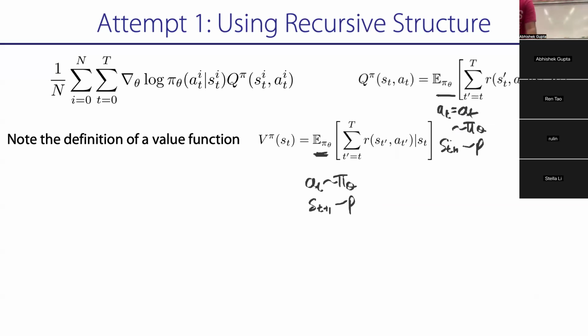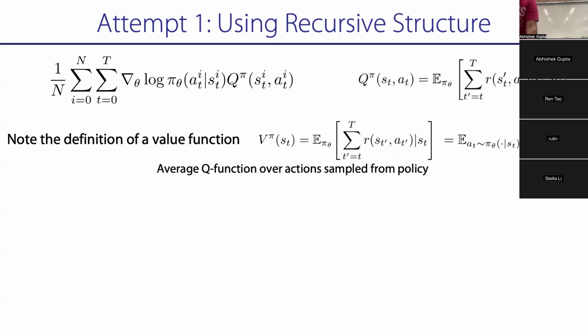That's right. So which is the expected Q function under your policy, right? You can think of this as your Q function saying act according to AT and then act according to your policy. You take the average of the Q function according to the actions AT sampled from your policy. Essentially this is saying take the first action AT and then follow your policy.